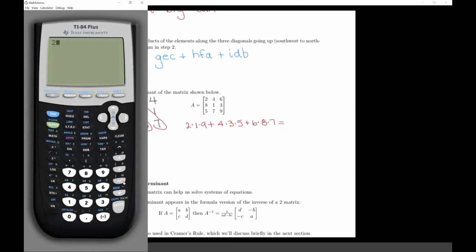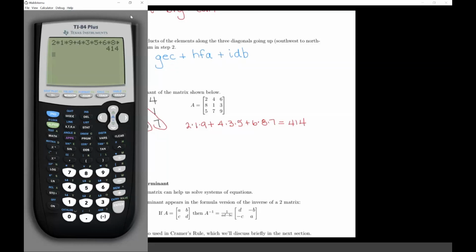And I have 2 times 1 times 9 plus 4 times 3 times 5 plus 6 times 8 times 7 is 414. So again, I'm just showing you the manual process. Totally get that we're not going to need to do this.